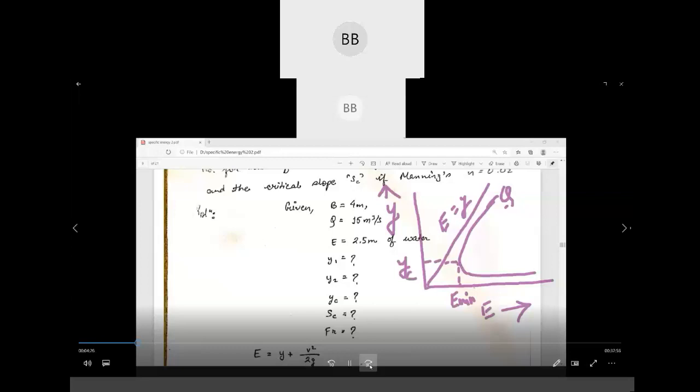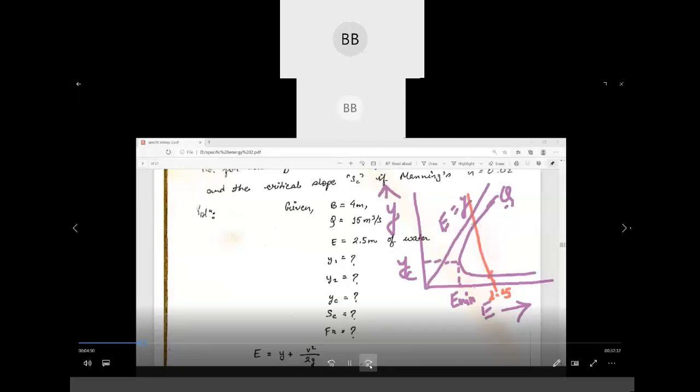Apart from this, if you consider any value of energy, here is given 2.5 meter. If we consider the 2.5 meter energy and draw a line, it will intersect the curve at 2 points.